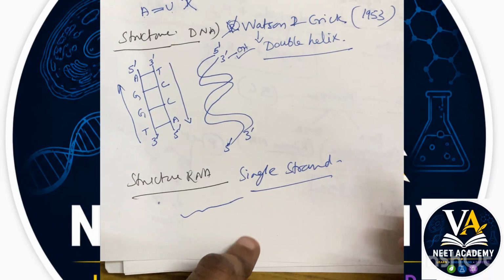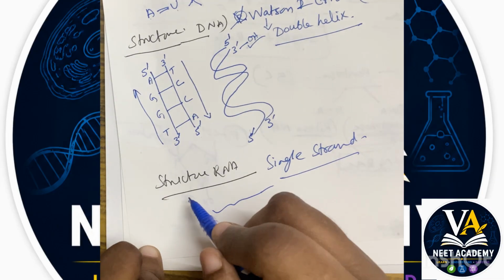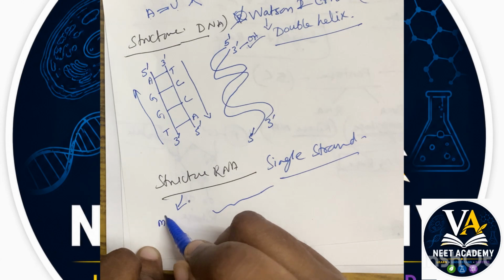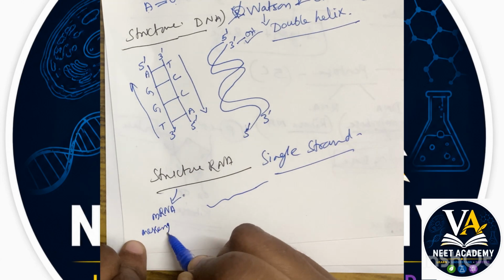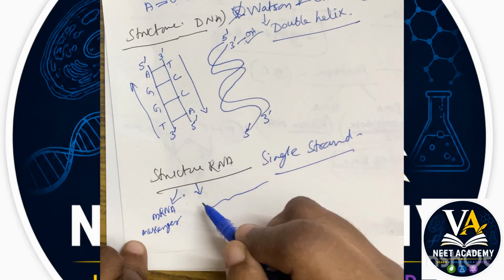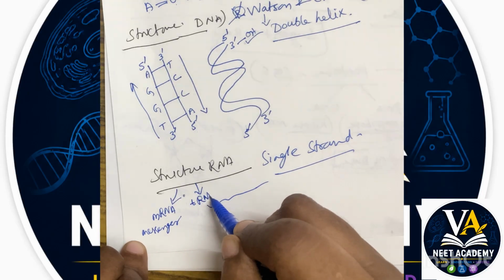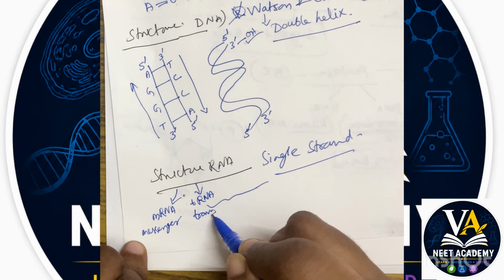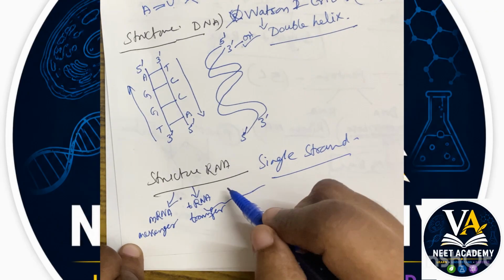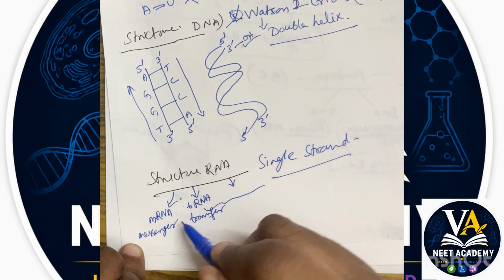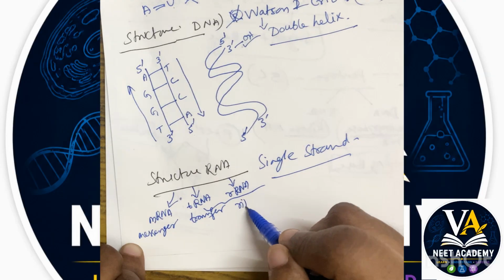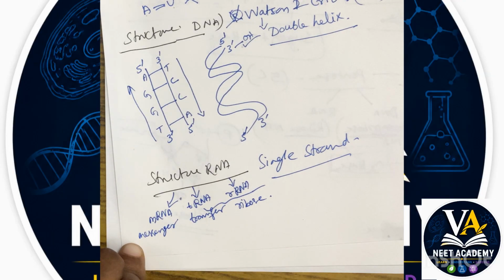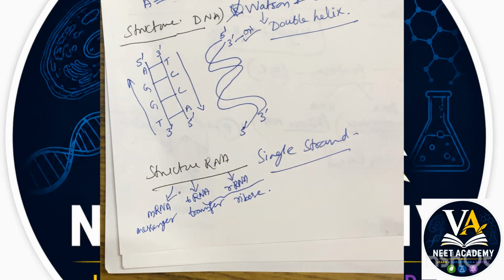Now basically you have three types of RNA, you know, right? The mRNA, which is called the messenger RNA, then tRNA, which is the transfer RNA, and then the third type is rRNA, which is a part of the ribosome structure, which is present in the formation of a ribosome.